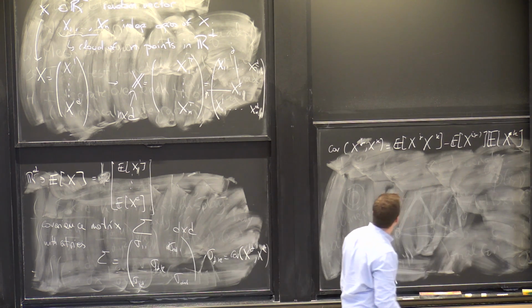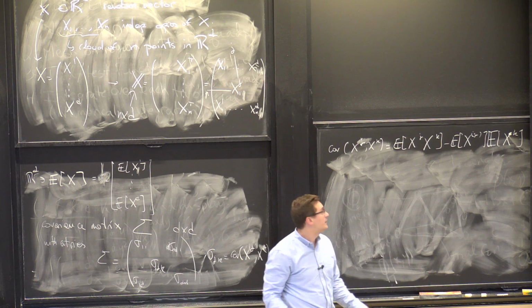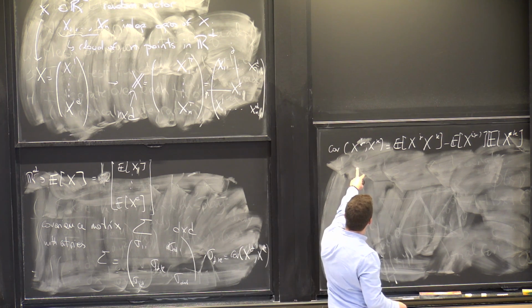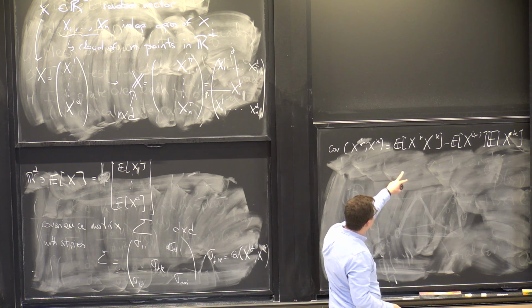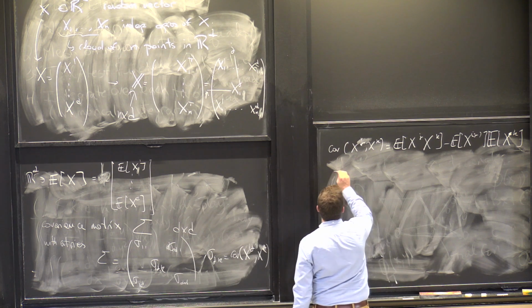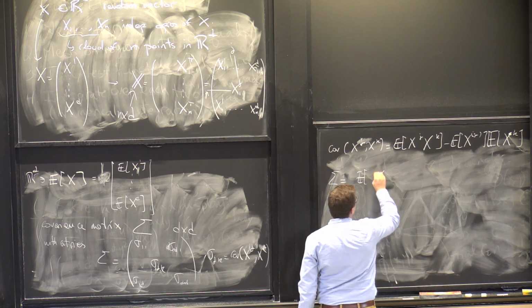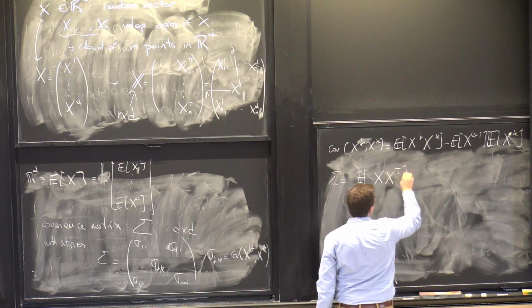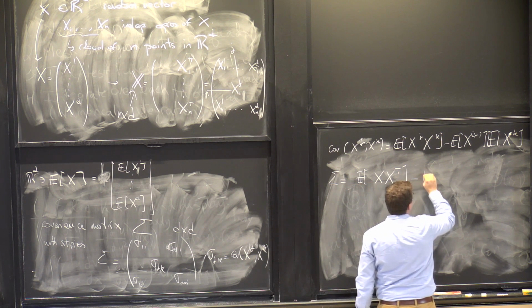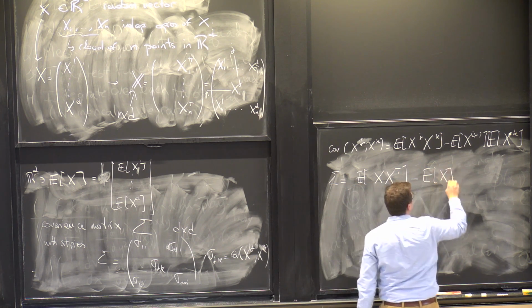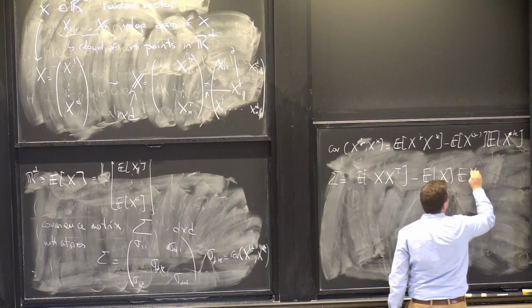Right, that's the definition of the covariance. I hope everybody's seen that. And so in particular, sigma can now be written as the expectation of x x transpose minus the expectation of x times the expectation of x transpose.